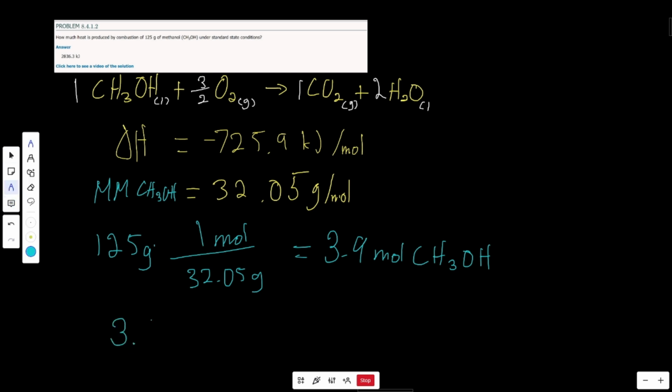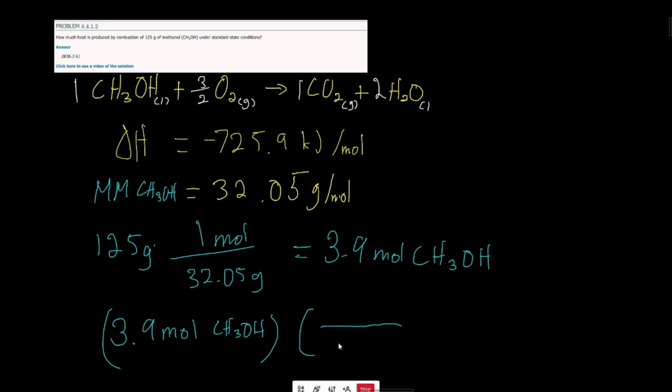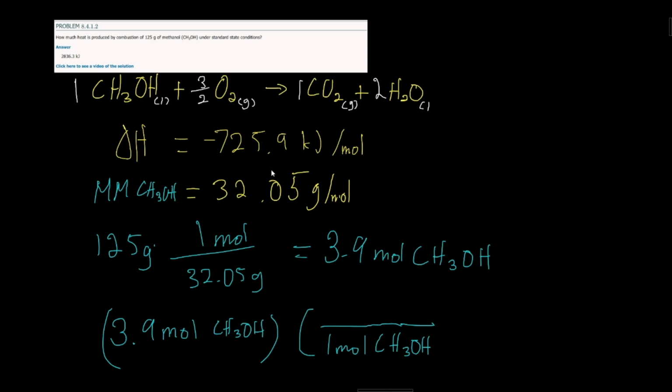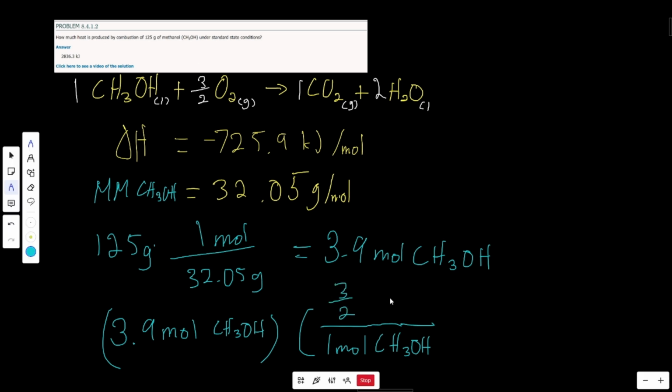Okay, so 3.9 moles of methanol, CH3OH, will be multiplied by our molar ratio. And our molar ratio always follows what we want over what we don't want. So here it's 1 mole of methanol, and we want oxygen gas, and the coefficient of oxygen gas is 3/2 moles of O2.